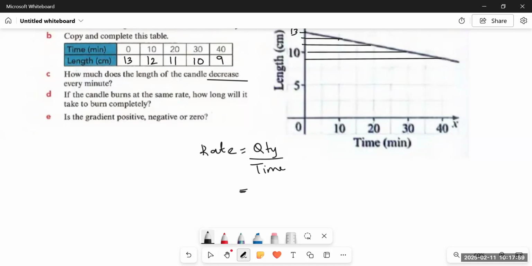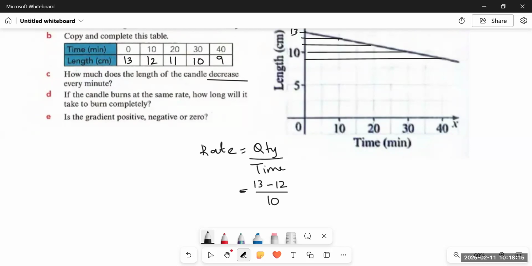If we take 10 minutes time, the length has been reduced by 1 centimeter, because initially it was 13 centimeters and after 10 minutes it was 12 centimeters.